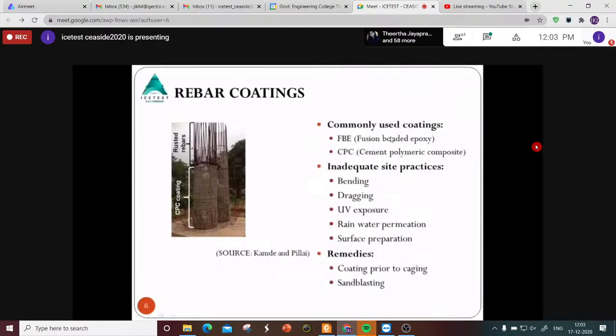And the next thing is rebar coating. Rebar coating is nothing but coating the rebars with some products. The most commonly used coatings are fusion bonded epoxy and cement polymeric composites.